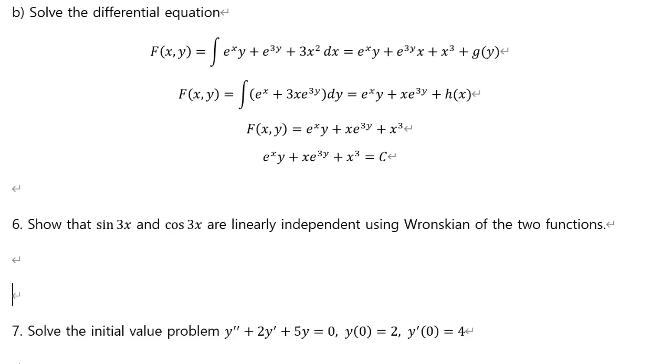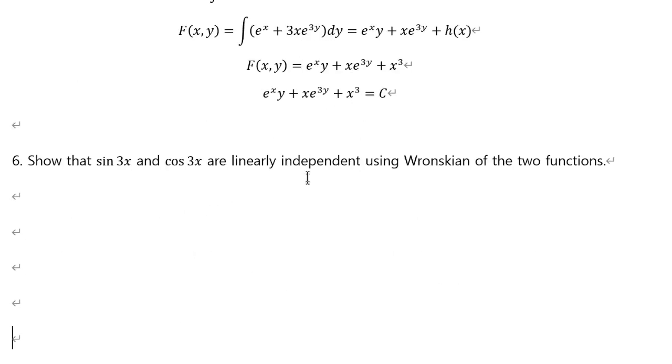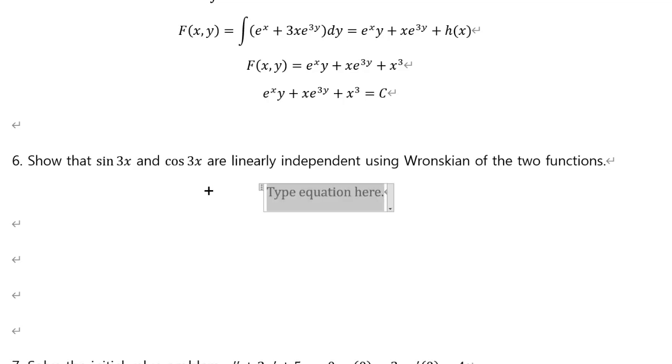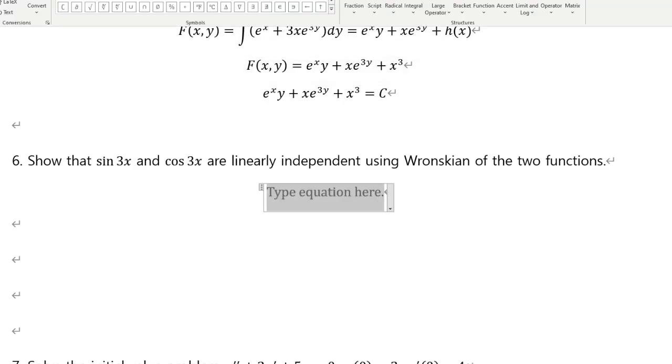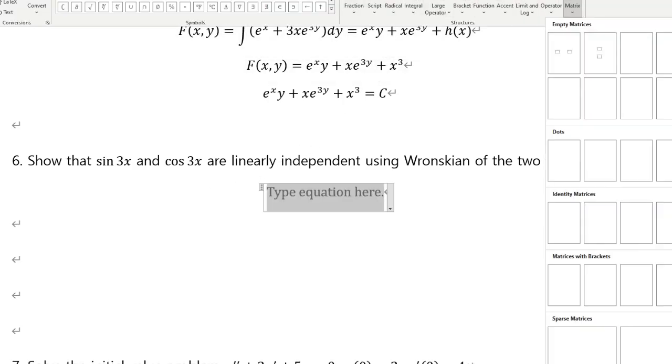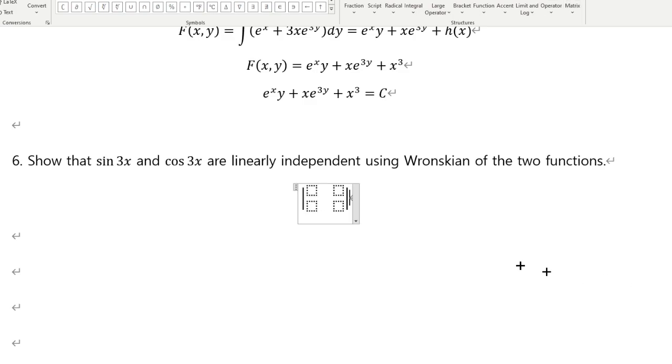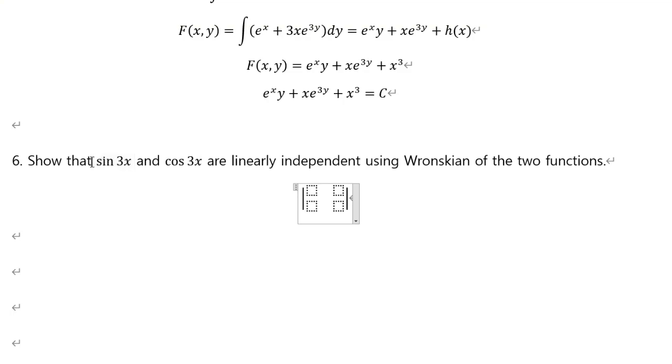Okay, show that sine 3x and cosine 3x are linearly independent using the Wronskian of two functions. Well, the Wronskian of two functions is a determinant of each individual functions.